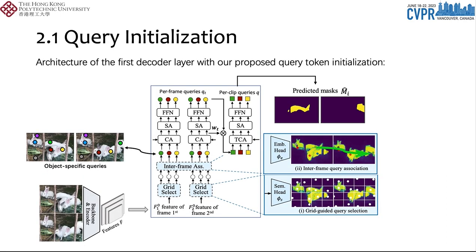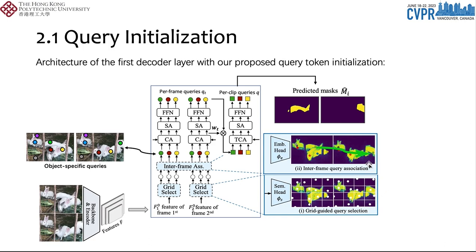Next, query initialization includes two steps: grid-guided query selection and inter-frame query association. The grid-guided query selection aims to select the peak point per grid frame by frame, then assign the coordinates and features of the peak point as the initial positions and content features of the query.